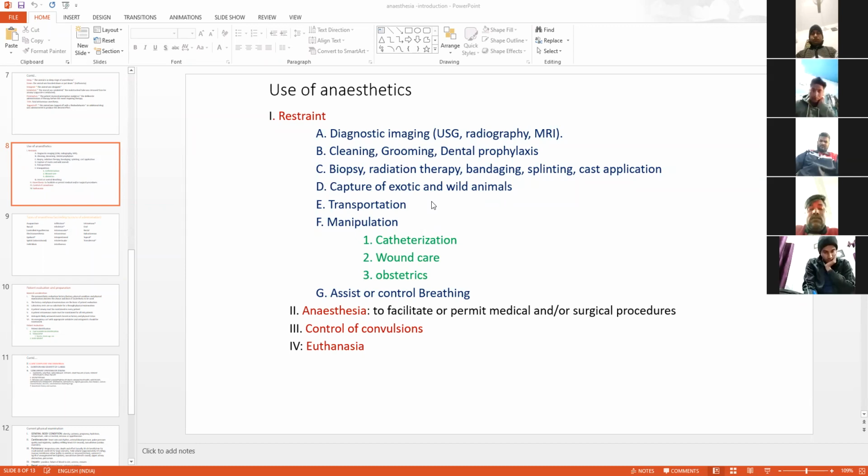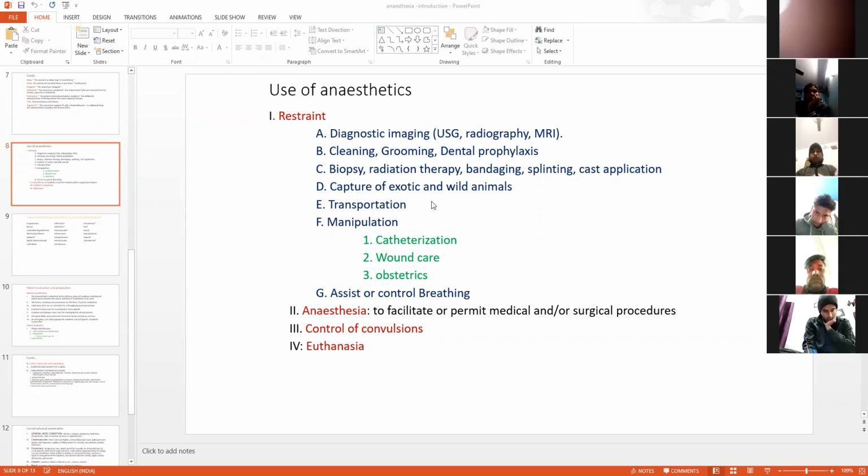Then most important, in the case of wild animals, for capture of exotic and wild animals, the only option is the use of anesthesia. For this, alpha-2 agonists, medetomidine, detomidine and ketamine are generally used. Sometimes for transportation also, the use of anesthesia is required.